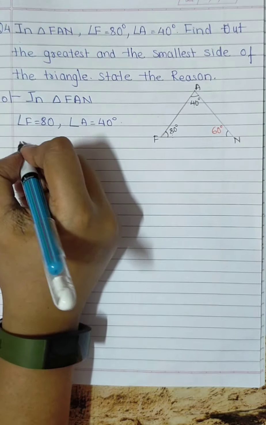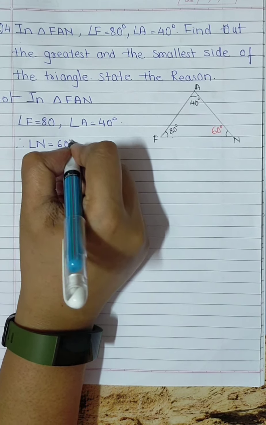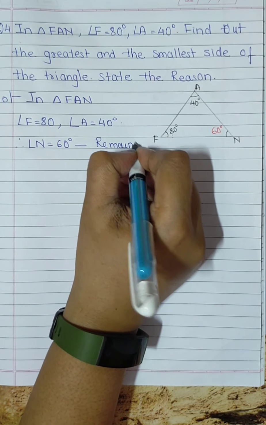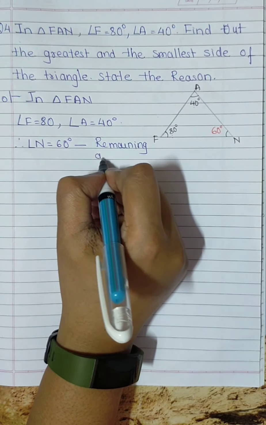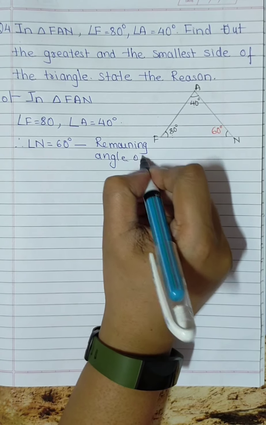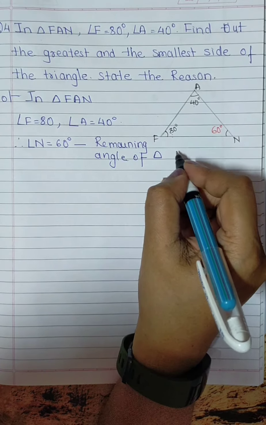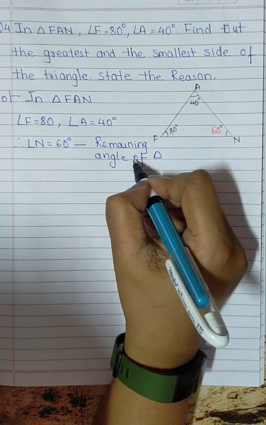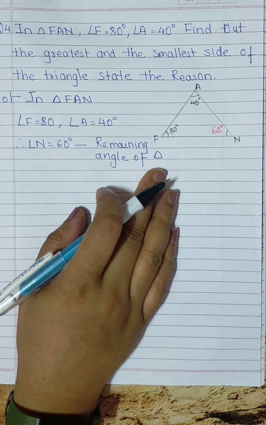So therefore angle N is equal to 60 degree. Reason is remaining angle of triangle.